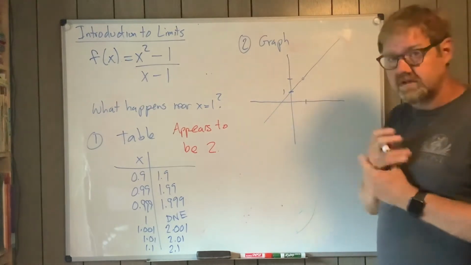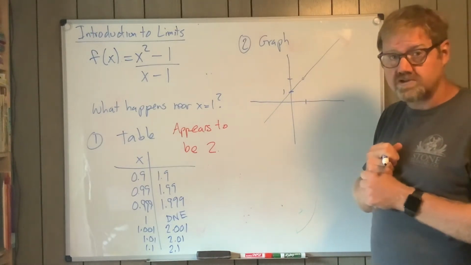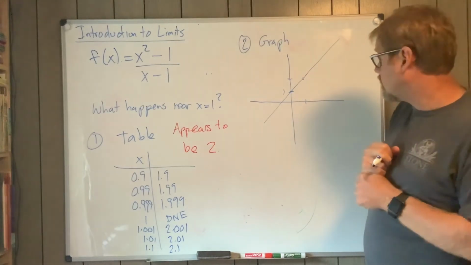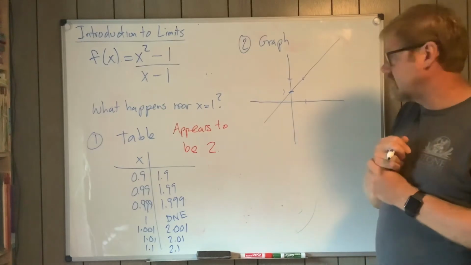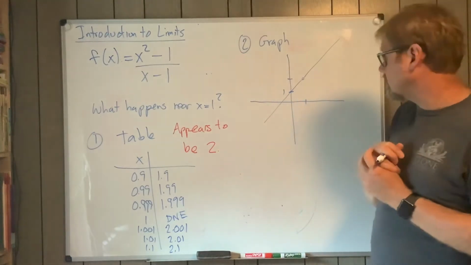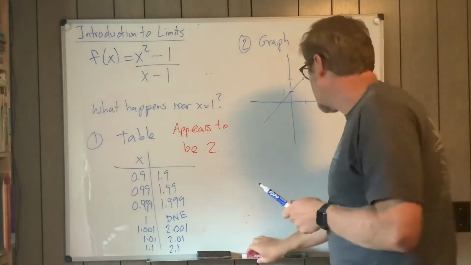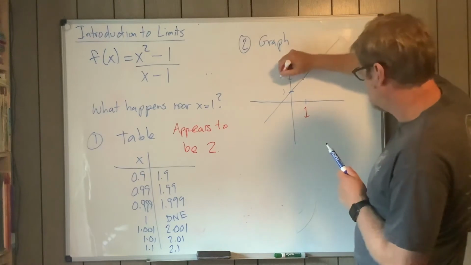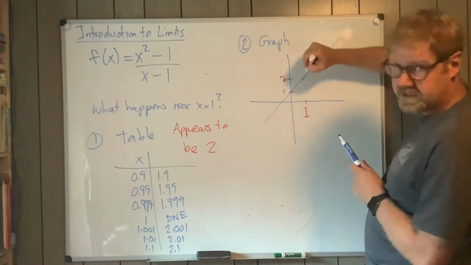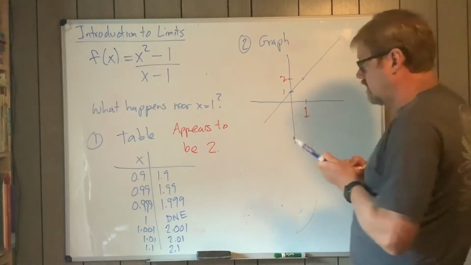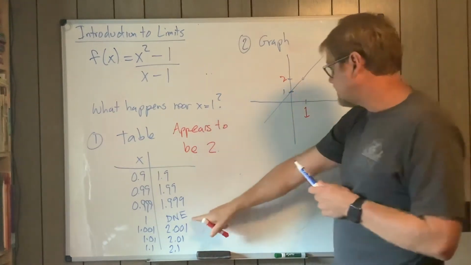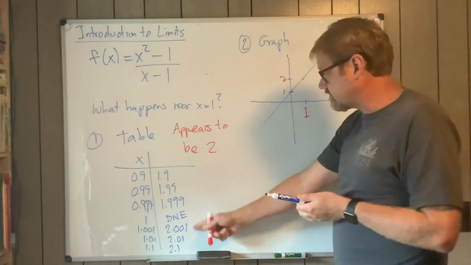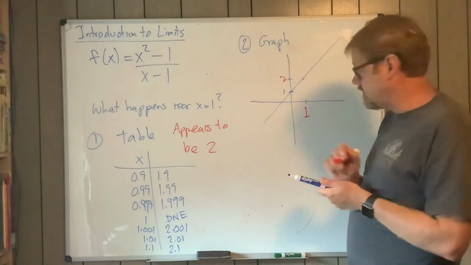And everywhere else is actually a line. Again, I'll show you in another video using some graphing calculator, but if you're careful, you could probably do it too, a couple of different ways, for example plotting these points. Now what's important is that near 1, the y value seems to be near 2. Near is important because there is no value when x equals 1, since it's undefined. But it looks like, from the table or from the graph, you get 2.